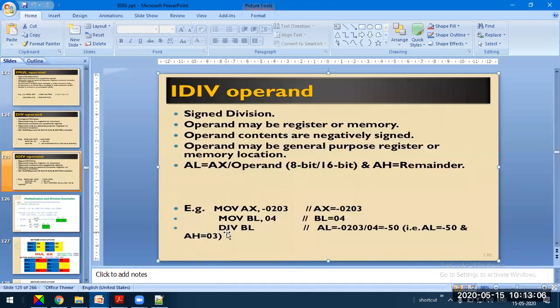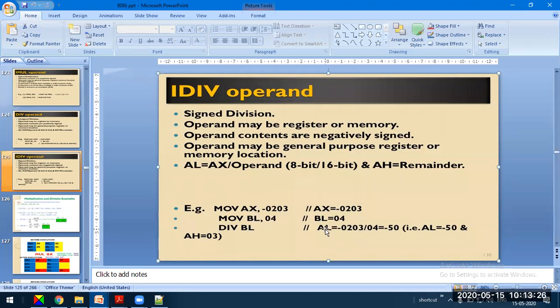When we say DIV BL, the AX is implied; it is not specified here. We specify only the other register which contains the other data. So it is always AX divided by the other register, for example, AX by BL.